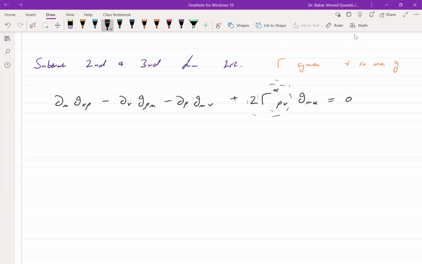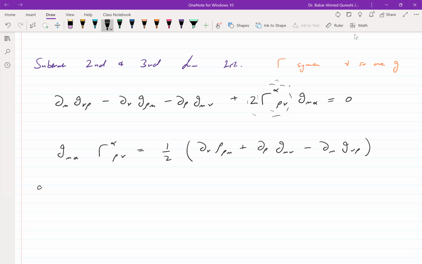So we can just try to do it now. So what do you get? You get g mu alpha gamma alpha rho nu is equal to half, if I take these to that side, d nu g rho mu plus d rho g mu nu minus d mu g nu rho.